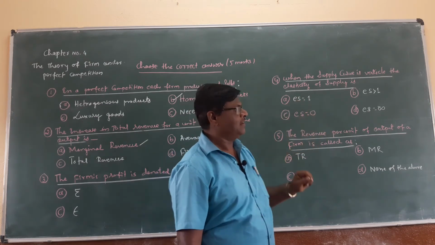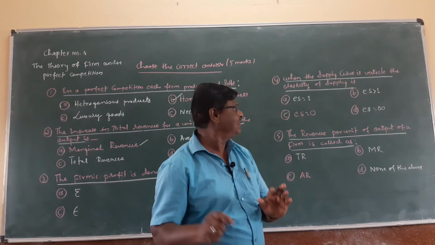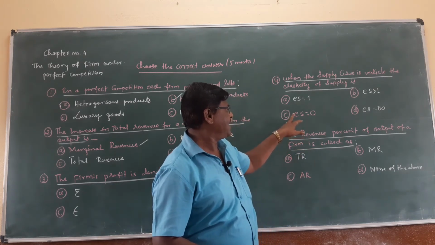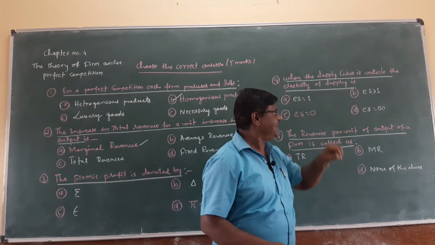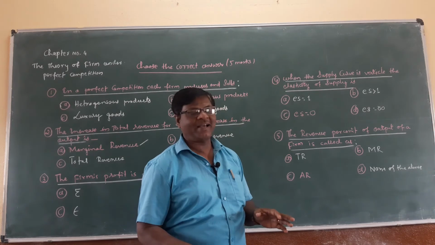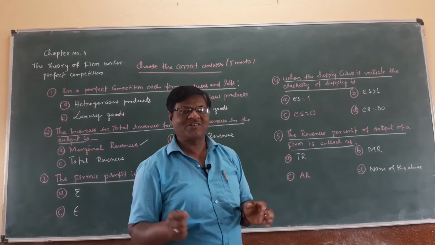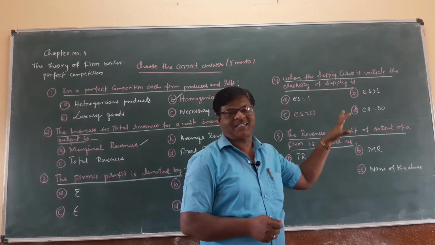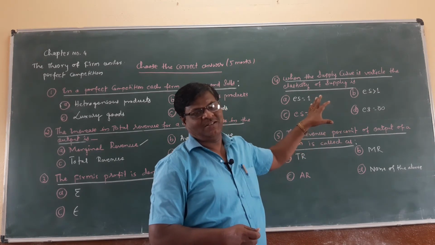Option B, elasticity of supply is greater than 1. Option C, elasticity of supply is equal to 0. Option D, elasticity of supply is equal to infinity. Which answer is correct from these four options?